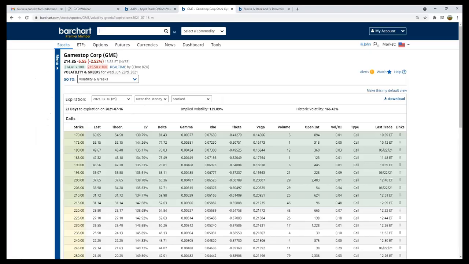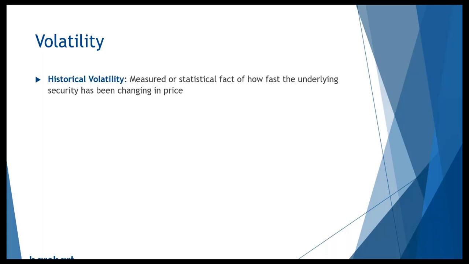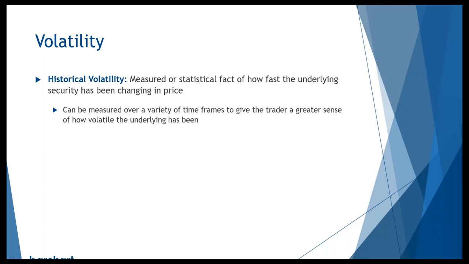One of the questions I get a lot is, and I want to take another step back here, under volatility: what's the difference between historical volatility and implied volatility? Historical volatility is that statistical measurement of the price range a stock has moved in over the past, not necessarily how far it has moved, but that range of price over a period of time.